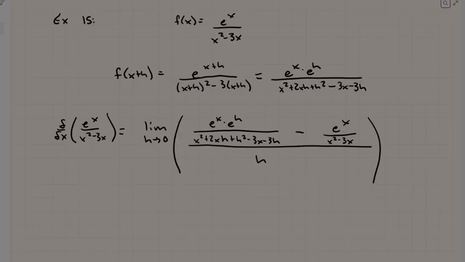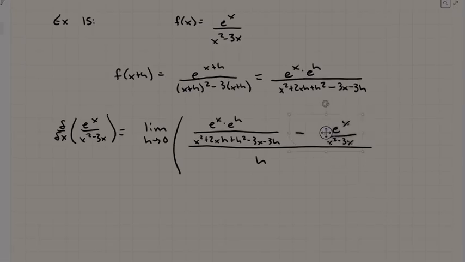All right. And so similar to before, we're just going to need to expand this out. We're going to need to combine the numerator. So we'll do that by giving these two expressions the same denominator.